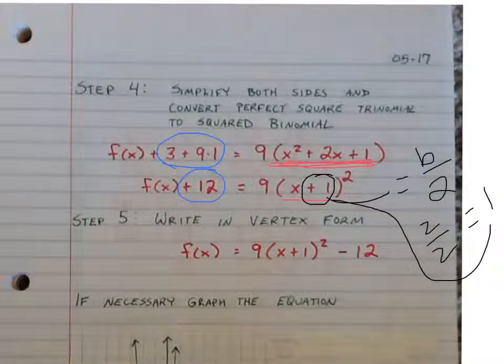Step 5 asks us to write it in vertex form. This is pretty much moving the 12 from the left-hand side of the equation to the right-hand side of the equation. So we subtract 12 from both sides and we get the equation in vertex form. We have now moved from standard form to vertex form, and that's 1/2 of today's skill.